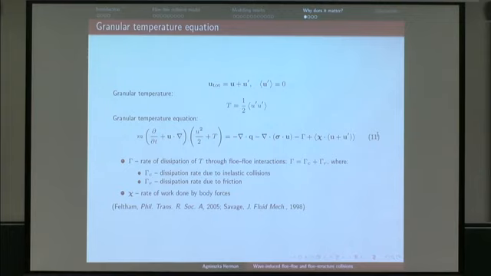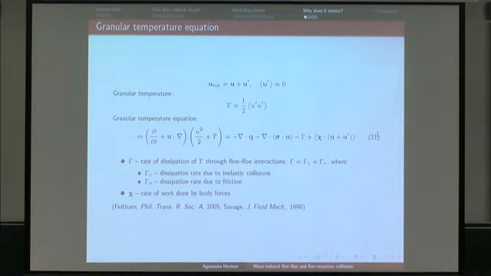And what is relevant here are those two terms to the right of this equation. This gamma term describes the rate of dissipation of the granular temperature, and it basically consists of two parts.